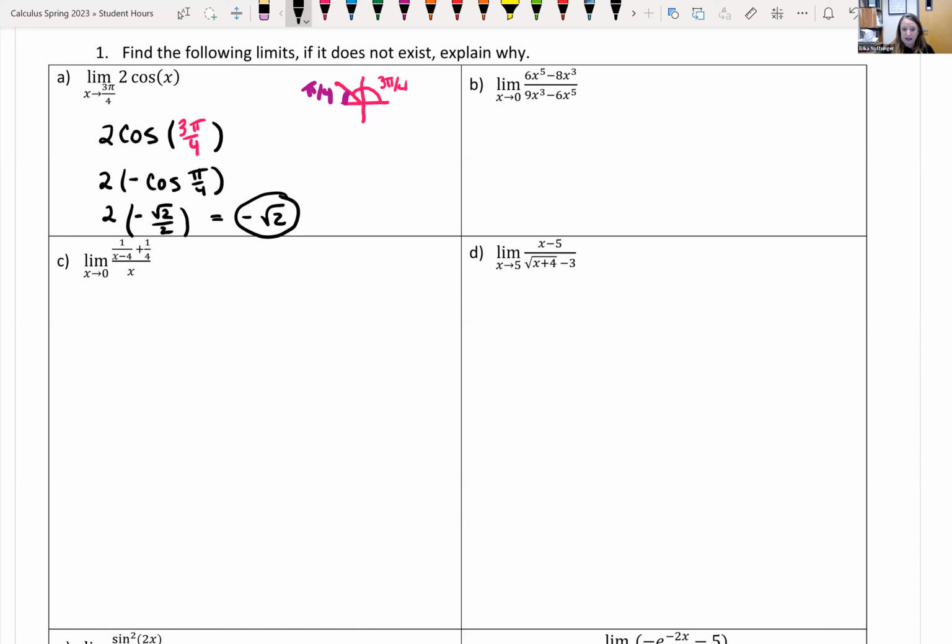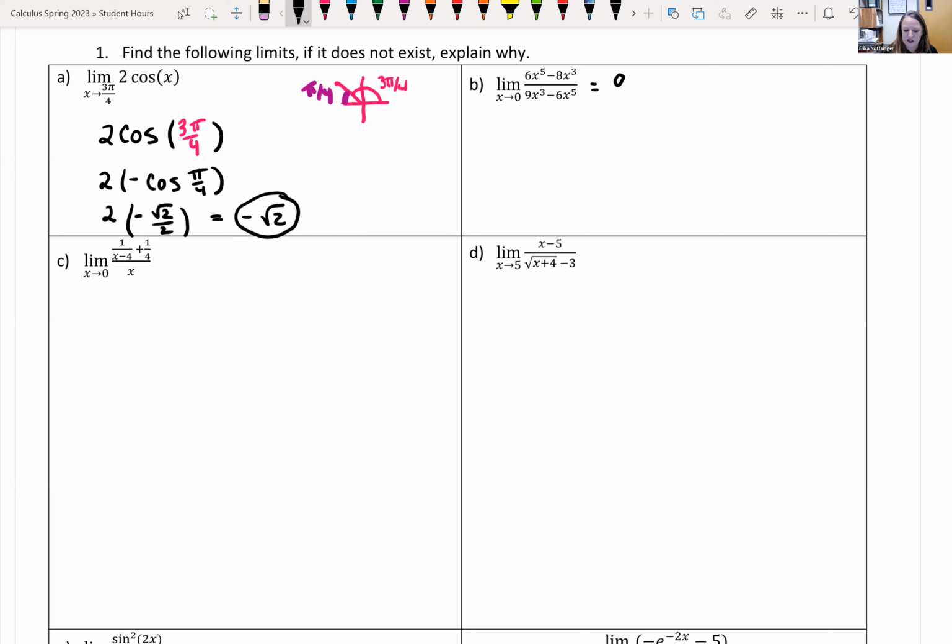So the following limit, we have x approaching 0 of this rational function, 6x to the 5th minus 8x cubed, all over 9x cubed minus 6x to the 5th power. Again, we first start with direct substitution, but I noticed right away that we have 6 times 0 to the 5th minus 8 times 0 cubed.